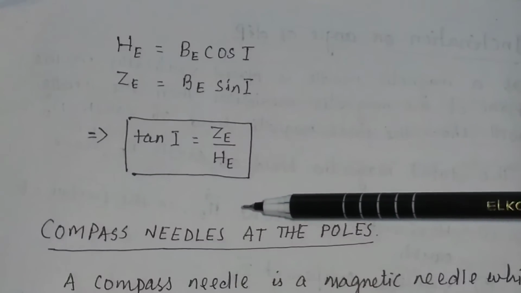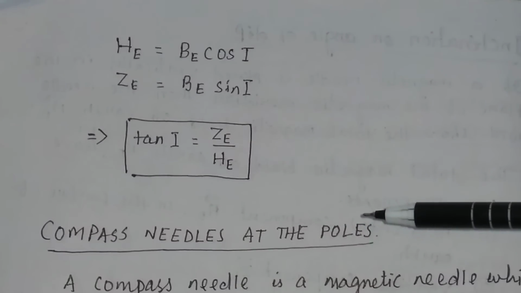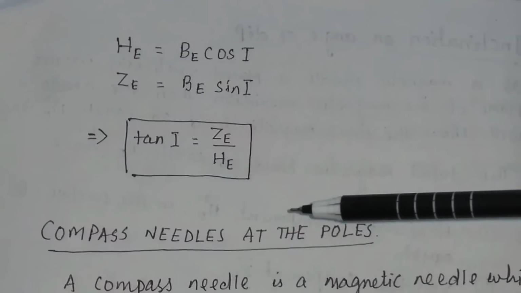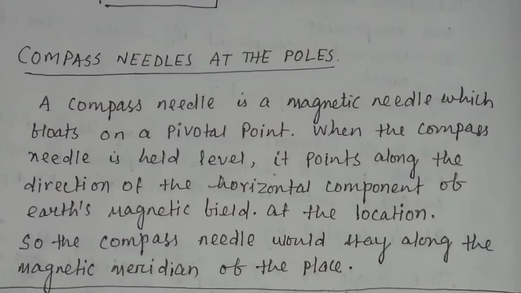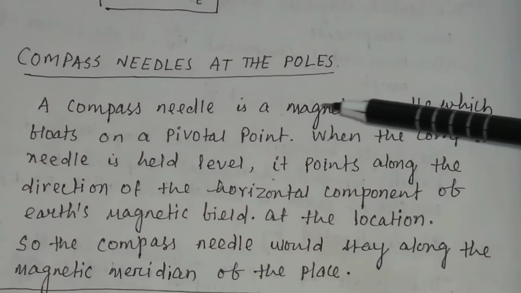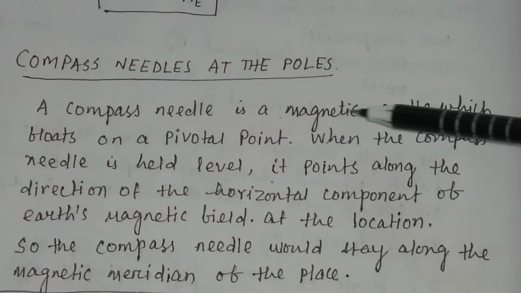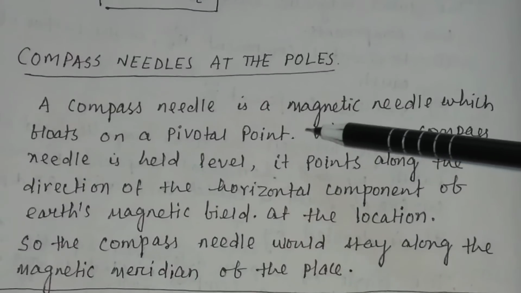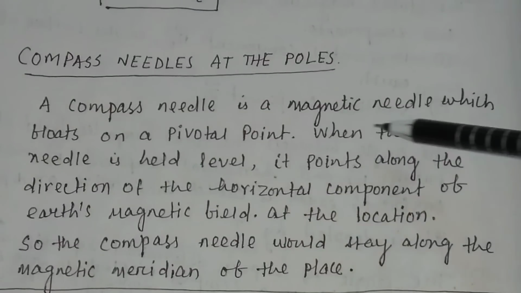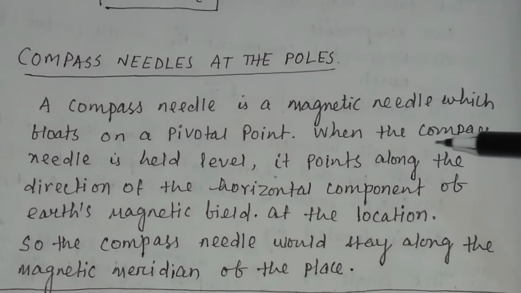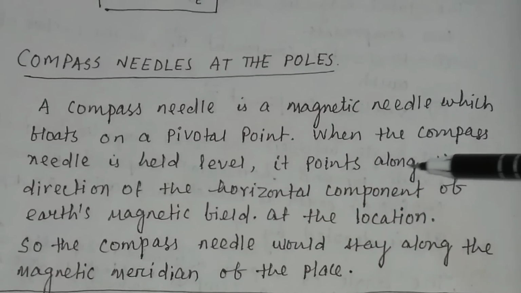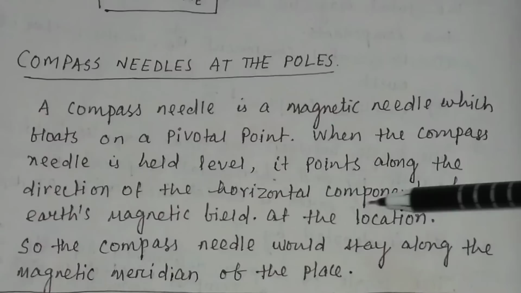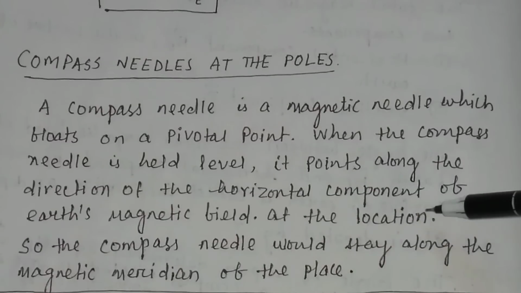Now let us know about the compass needle at the poles. If you keep a compass needle at the pole, what will happen? We know a compass needle is a magnetic needle which floats on a pivotal point. When the compass needle is held level, it points along the direction of the horizontal component of the earth's magnetic field at the location.